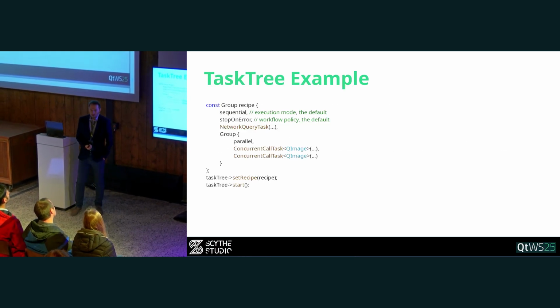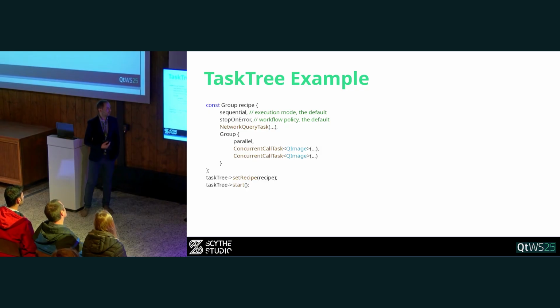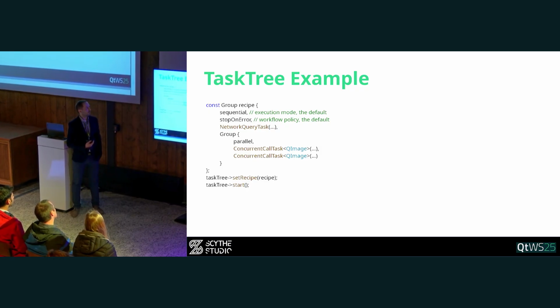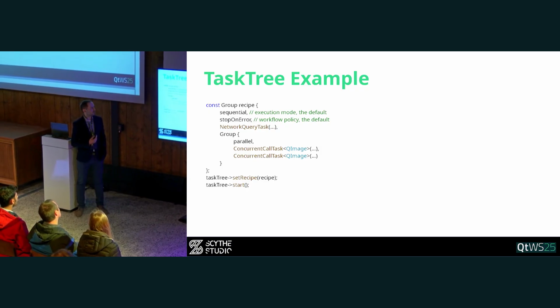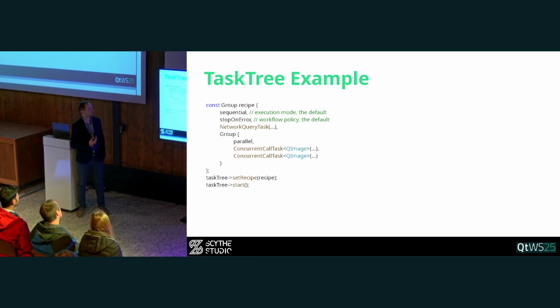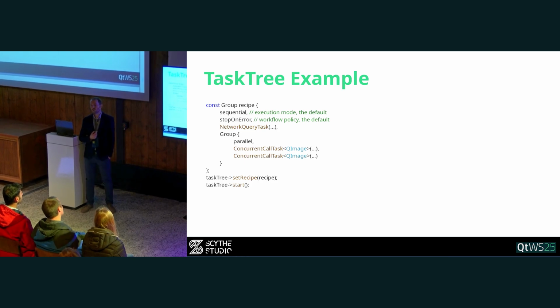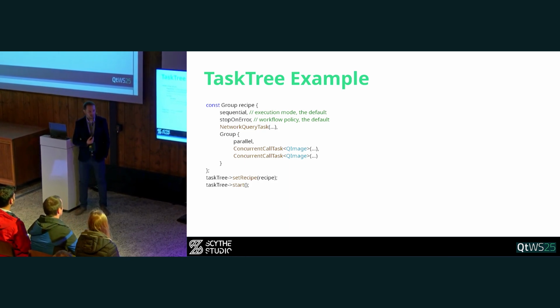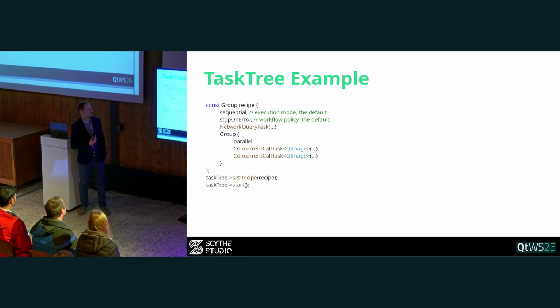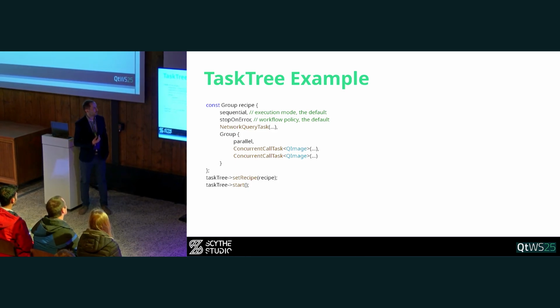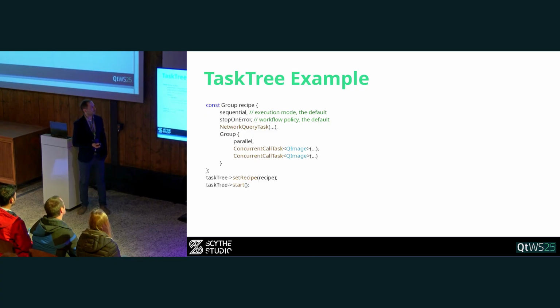So this is a very simple example of how such code looks in practice. The recipe is actually represented by a Group class. As the first argument to the constructor, you specify the execution mode, and there are 2 execution modes: one is sequential and the other one is parallel. If you specify sequential, then all the tasks will be executed sequentially.